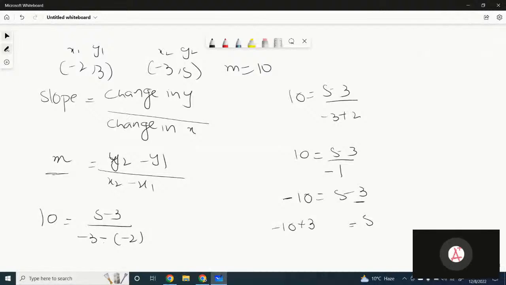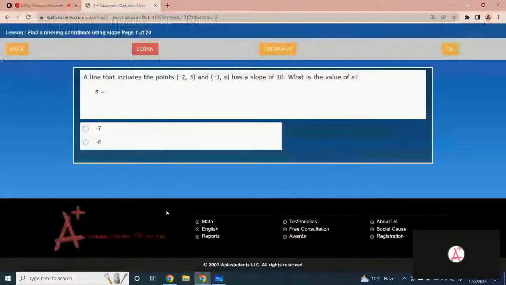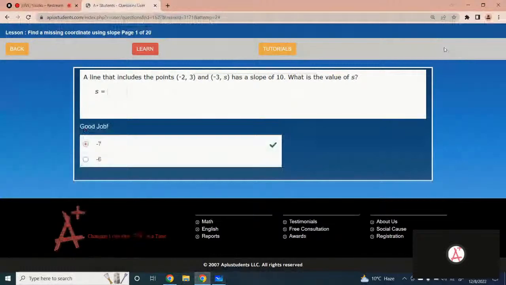So negative 10 plus 3 is negative 7. Got it? That means the missing point is (-3, -7), so the value is just negative 7. Just select the correct option and click on the OK button. Got it?